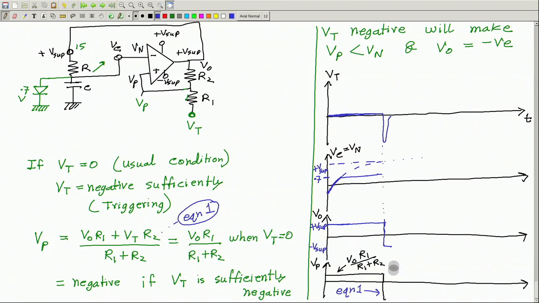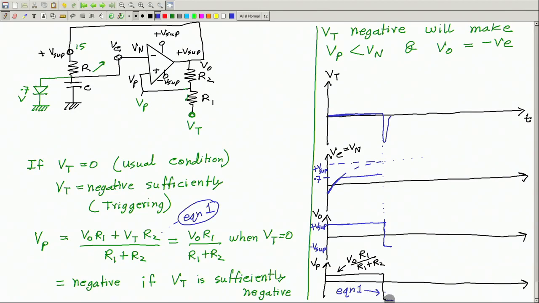So, now you see V o is negative and V t is also negative here. So, these two negative things will make or keep the V p negative definitely, because V o is now negative and V t is also negative. So, these two together will make V p negative. So, it will stay there.